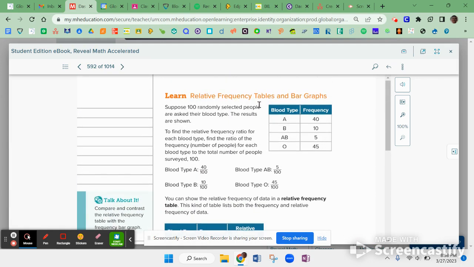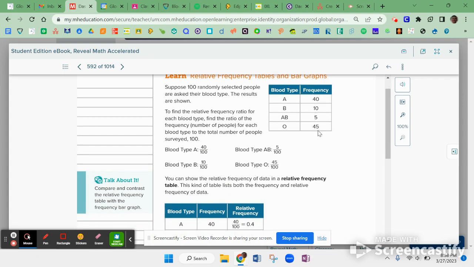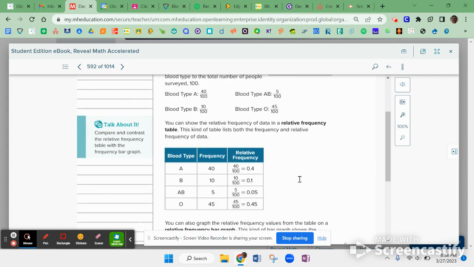So now we have relative frequency tables and bar graphs. Basically, instead of just having the frequency data, there's going to be either another column, or it might leave out this frequency data altogether, and it will just give you the relative frequency of each thing happening. Relative frequency is basically the percentage that it happened in whatever experiment was done.